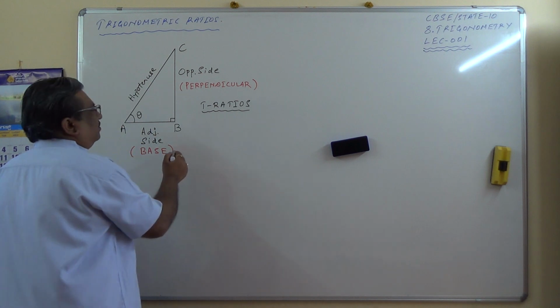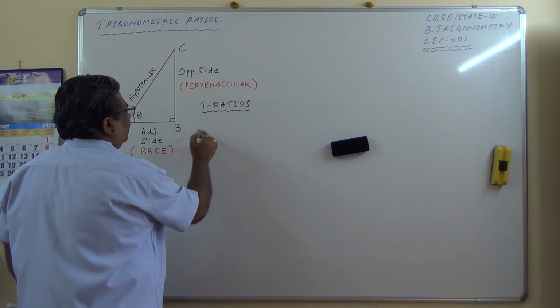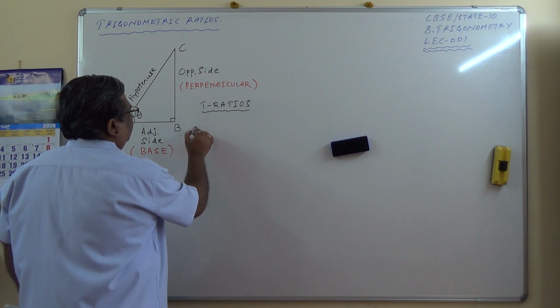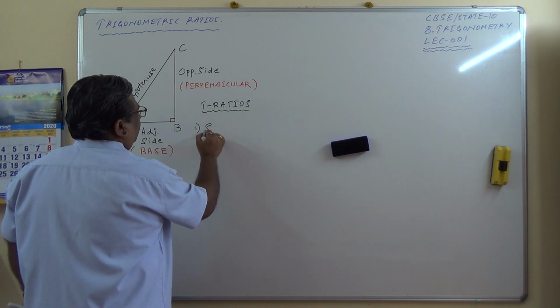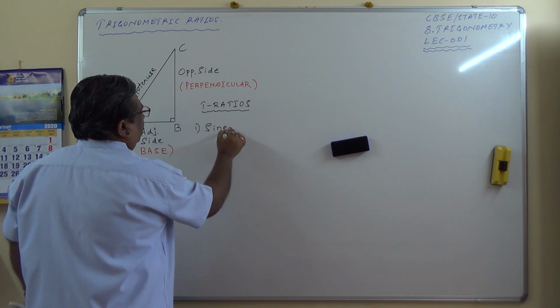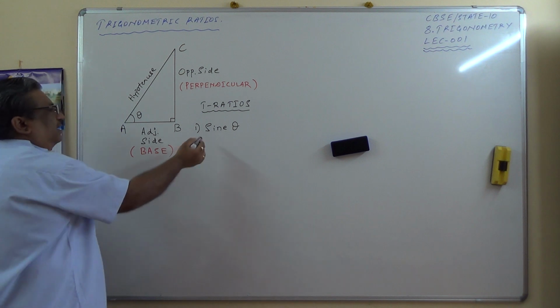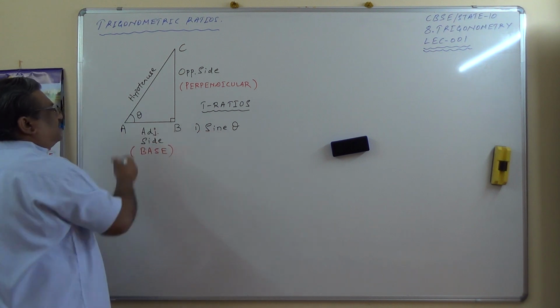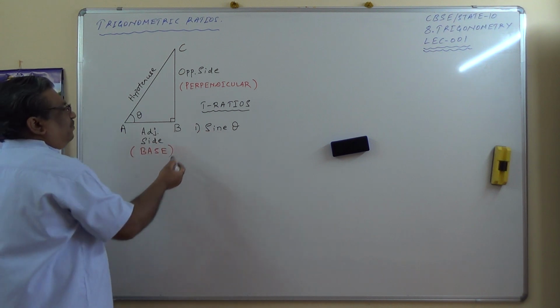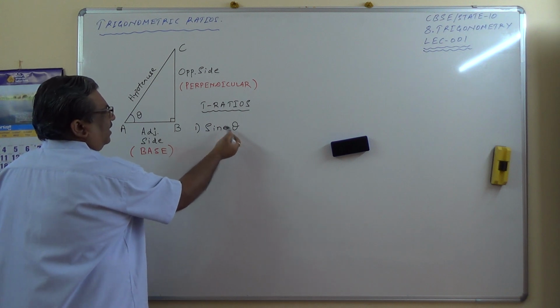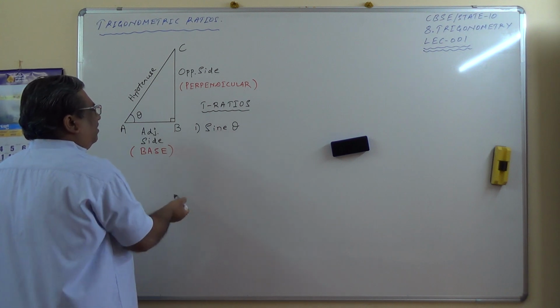Let us list down. The T ratios are: the first one, sine theta, S-I-N-E, sine, this is theta over here. It is not the multiplication of sine and theta here, it is called sine theta.